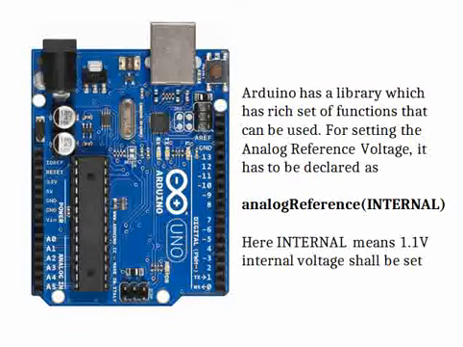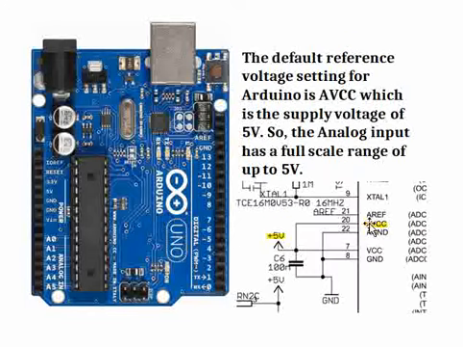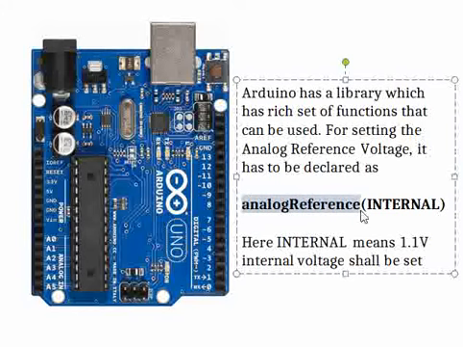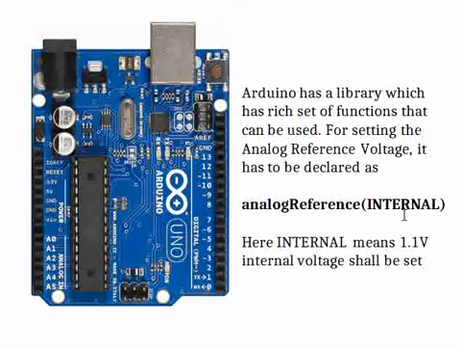And then we said that there are three different references that can be given to the ADC, right? So these references can be selected in the program. By default, we mentioned that it is AVCC. If you want to change to AREF or internal 1.1 volt, we have an inbuilt function in the Arduino library which is called analogReference. If you give analogReference of INTERNAL, it takes the internal reference voltage of 1.1 volt.